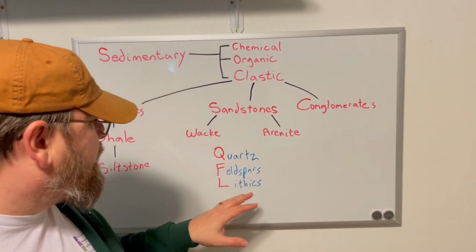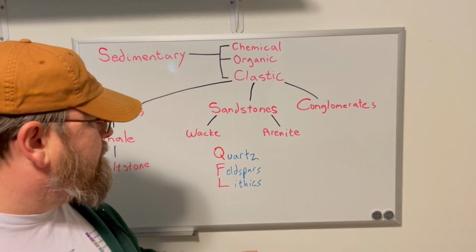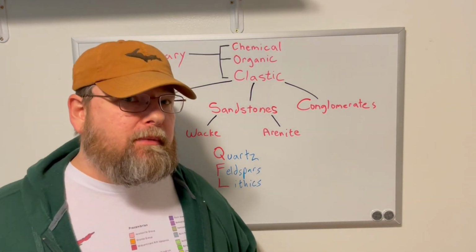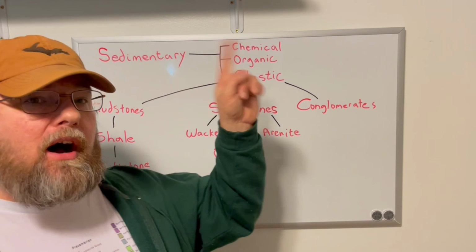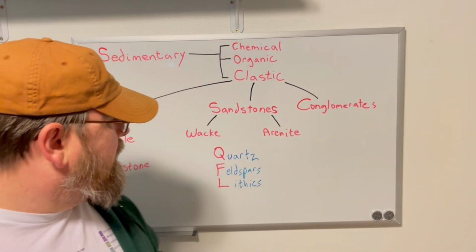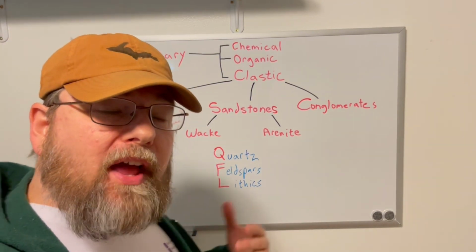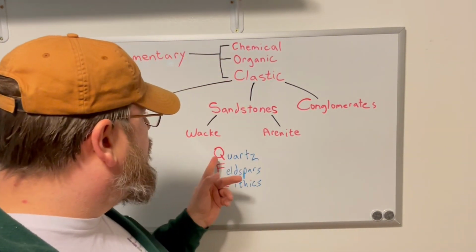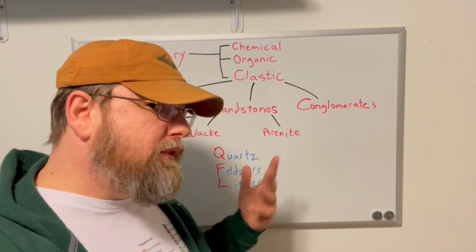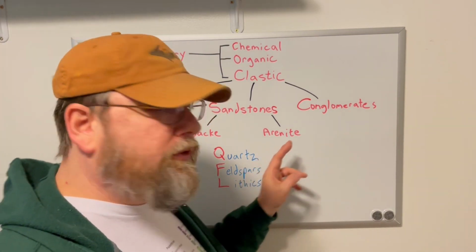Anyway, I digress. So you have quartz as your main part, and on these charts, they're all set up the same way. Your Q is up top. That's your quartz. And sandstones that have a certain percentage of quartz in them are called quartz arenites. That's what the St. Peter sandstone is. It's a quartz arenite.